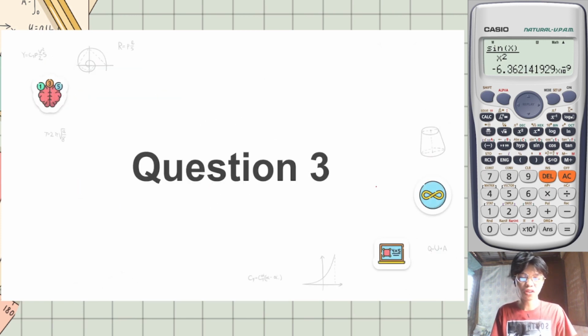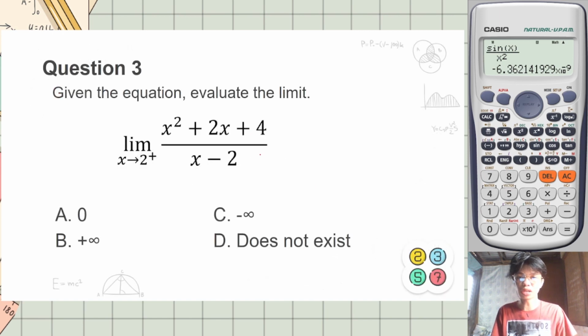For question number 3, let's have the given equation wherein the limit approaches 2 positive. So our 2 now has a symbol. The limit of the function we will compute is x squared plus 2x plus 4 all over x minus 2.